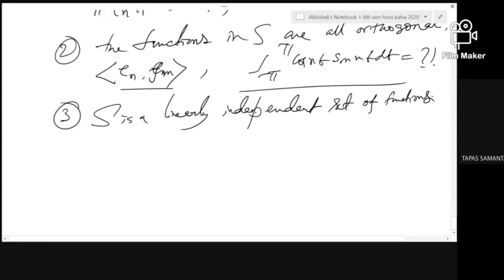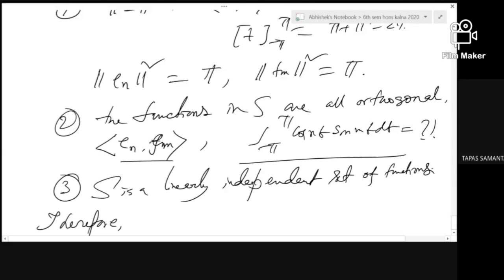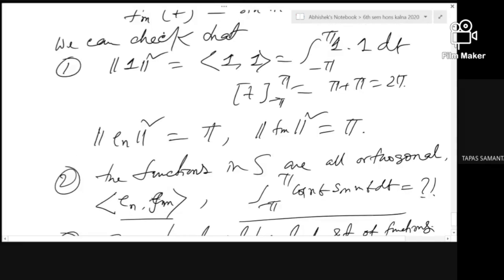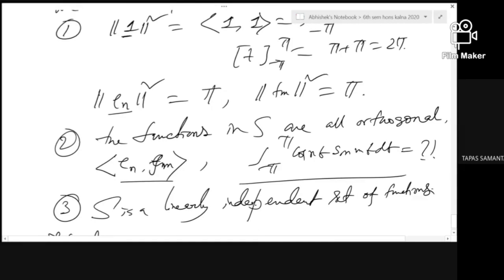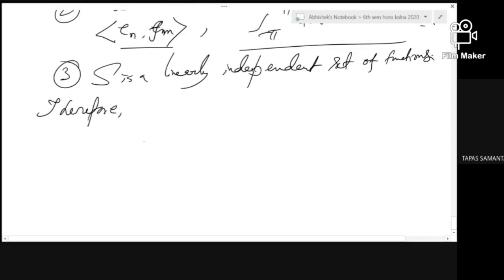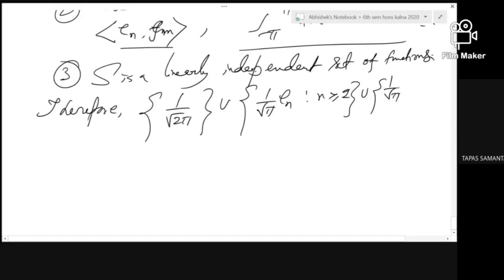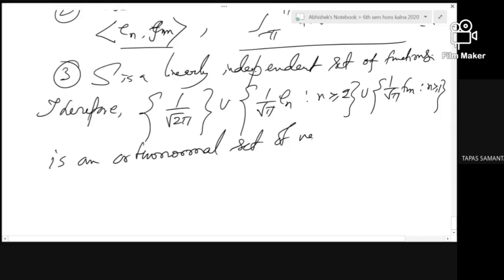So therefore, if we are to make these functions orthonormal, we must divide the first function 1 by √(2π), the functions e_n by √π, and the functions f_n by √π. So the set {1/√(2π)} union {(1/√π) e_n, n ≥ 1} union {(1/√π) f_m, m ≥ 1} is an orthonormal set of vectors in C[−π, π]. So this one.